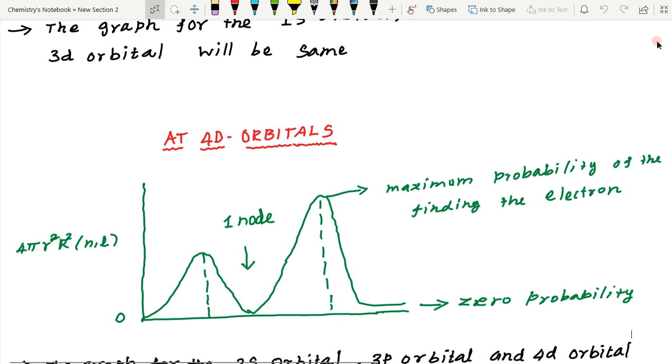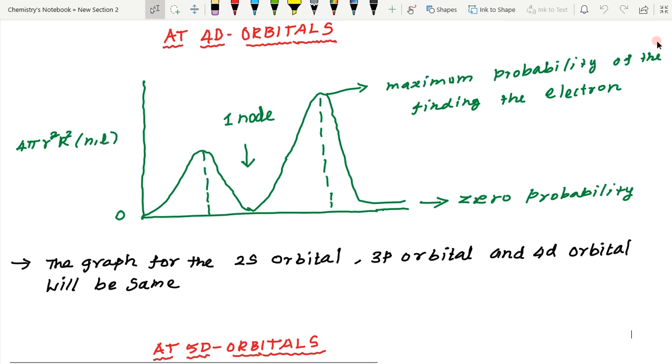At 4d orbitals, take a plot 4 pi r square, capital R square, nl. See the diagram. There is one node found. A smaller curve is found, and another one is the bigger curve.